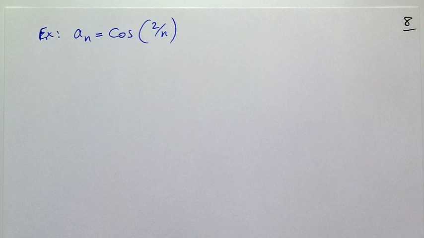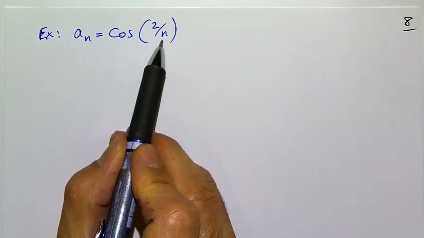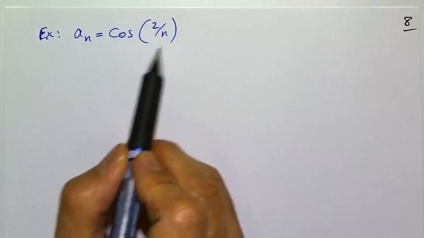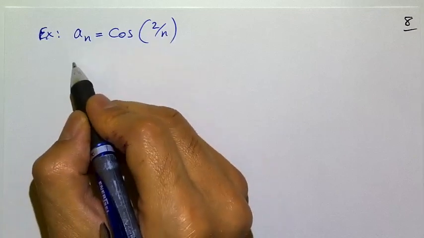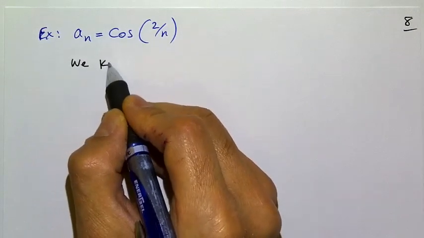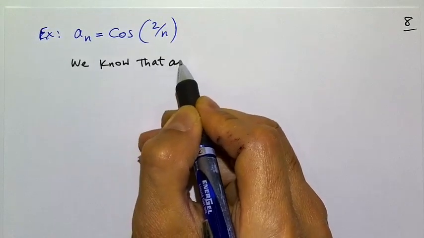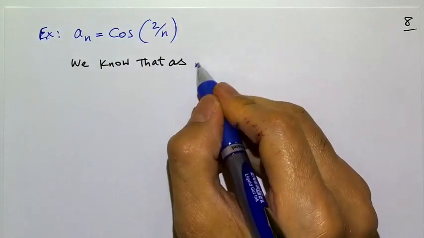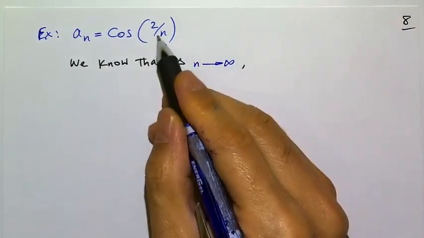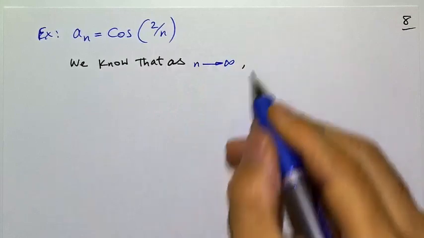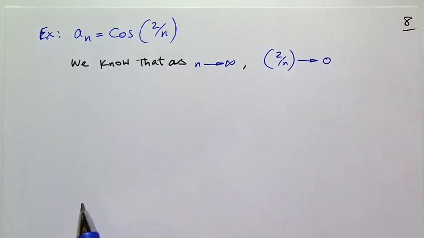So now, as we take the limit of this sequence as n goes to infinity, obviously the argument of cosine approaches 0, right? So let's quickly write that down. We know that as n goes to infinity, then the argument there, 2 over n, goes to 0, right?